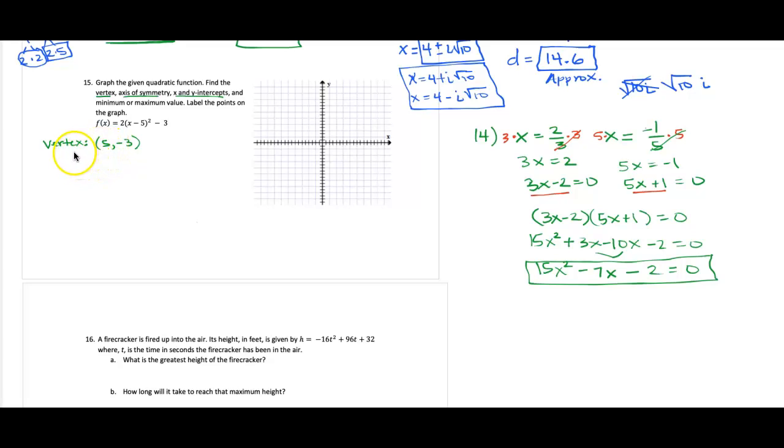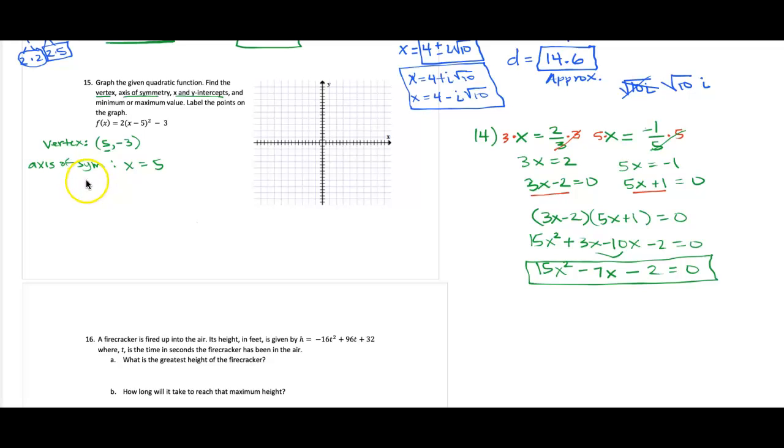And when it's a parabola, we're going to have a straight up and down line. So my axis of symmetry, the equation of that, is going to be x equals 5. So it's always taken from whatever my x coordinate is there.